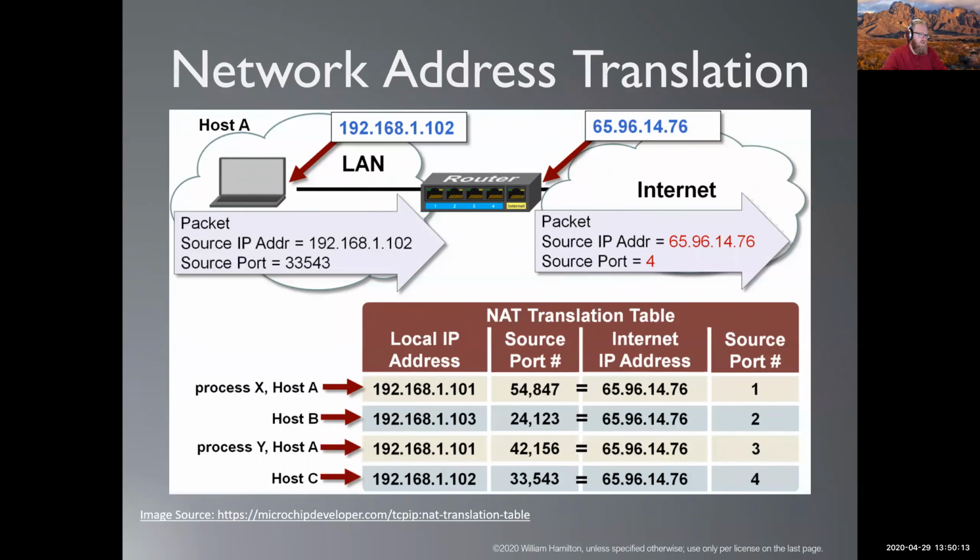Then I send that across my local area network, and it hits the router, which is usually what's running the network address translation program, and then translates that into public IP address communication, which gets transmitted on the internet.